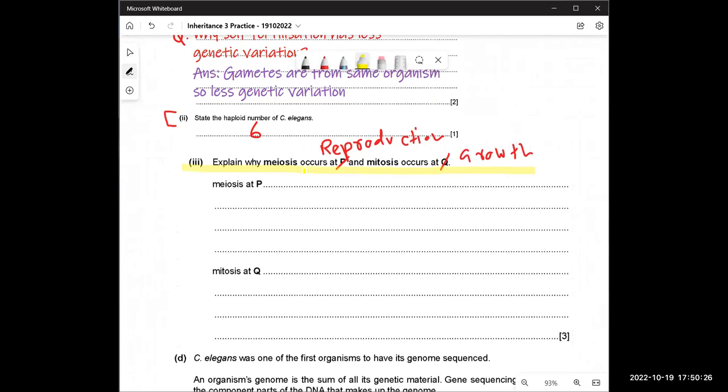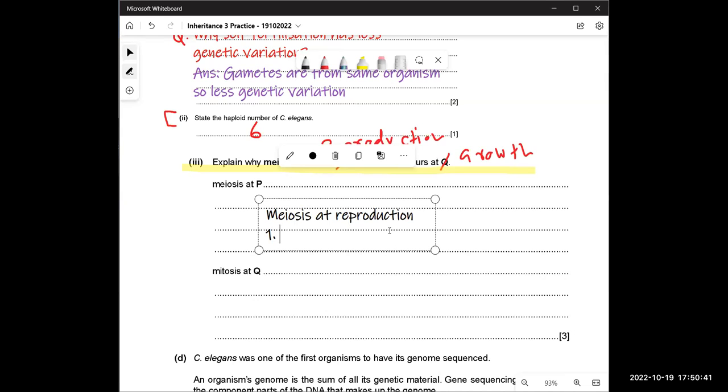Explain why meiosis occurs at reproduction and mitosis occurs at growth. Let's answer. Write in your notebook. Meiosis at reproduction. Let's first say what is meiosis. Meiosis is reduction division, where chromosome number is half.